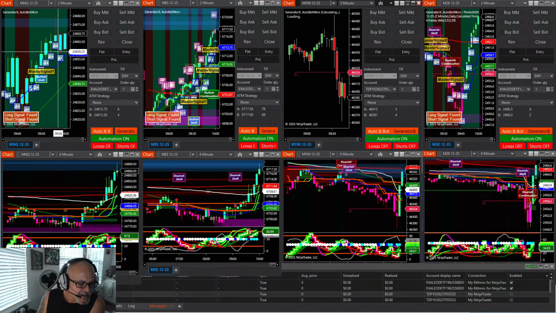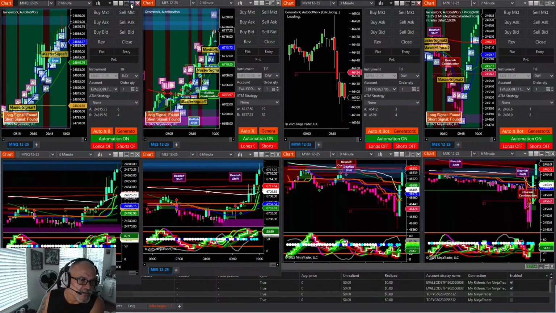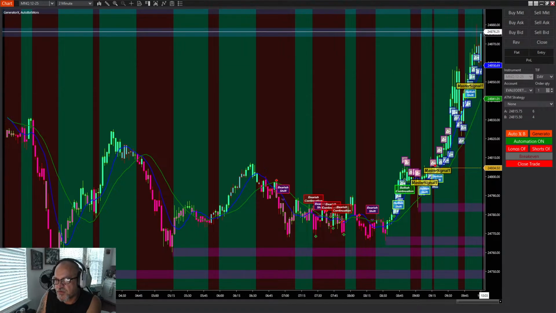Okay, we can see a little consolidation here and then another push up, which would get us set up on the higher time frame, I think, for a good pullback. What have we had here? Okay, I can go left. There we go. One push up, two push up, three pushes up.